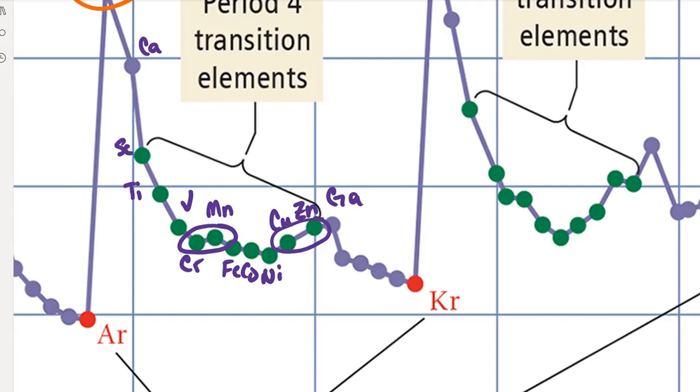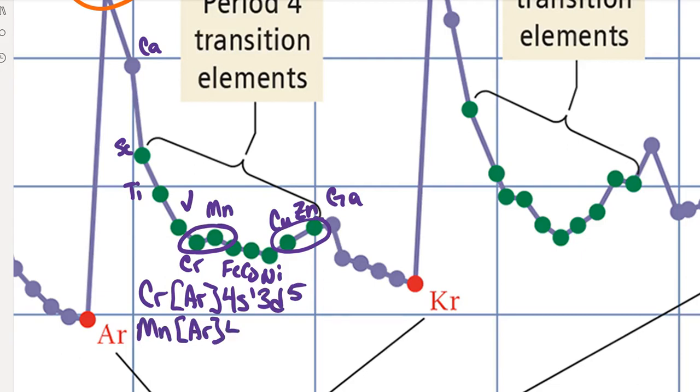Well, when we take a look at the electron configuration, we'll start to observe that, remember, for chromium, we have a configuration of our argon core, and we had a 4s1 3d5 because we don't have any pairings. But when we take a look at manganese, we'll still have that same argon core with a 4s2, 3d5. And so because of this, we'll see that my manganese now has that electron-electron repulsion.